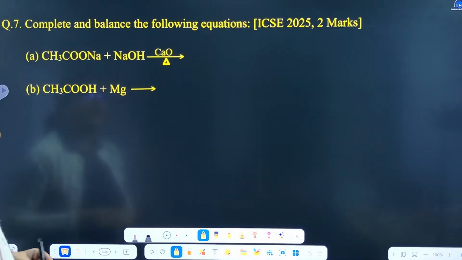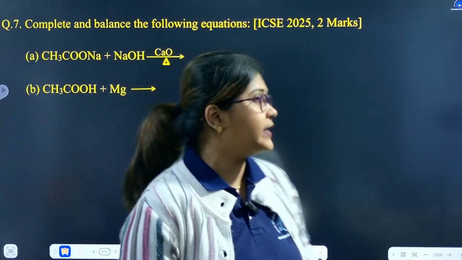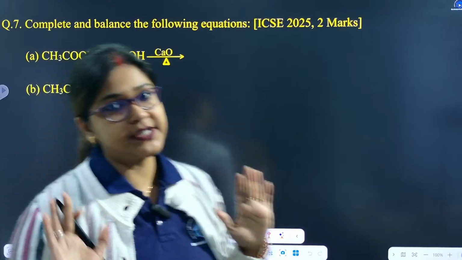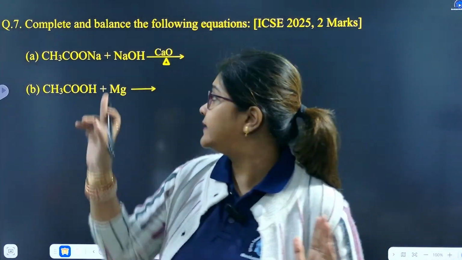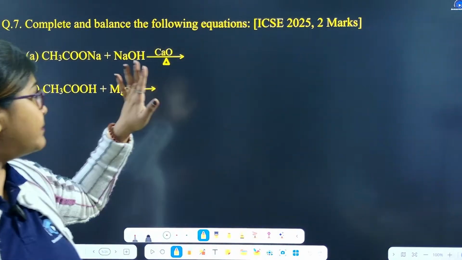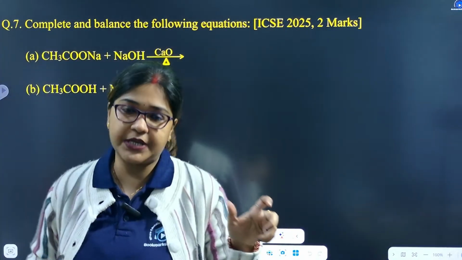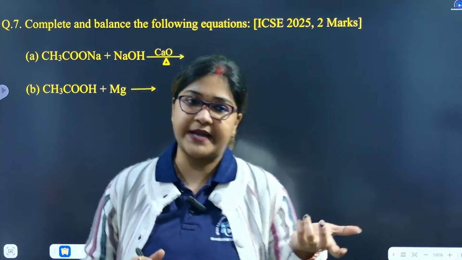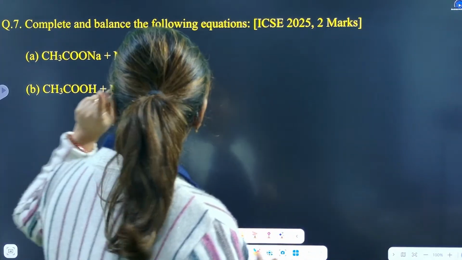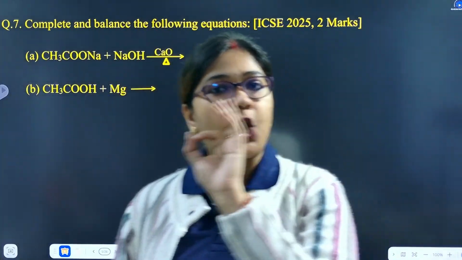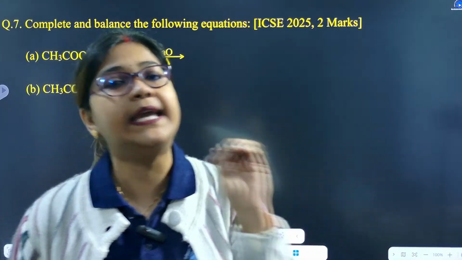Next is complete and balance the following equations. Okay? Equations of this type only come in your exam, and the first equation is a very important equation. If you analyze the board exam patterns, you will see that the first equation comes in alternate years or repeatedly every year.